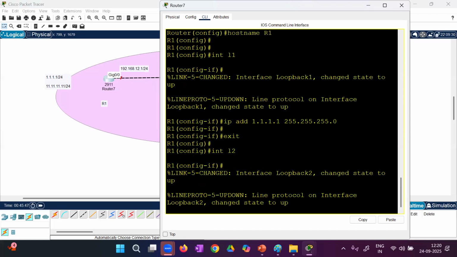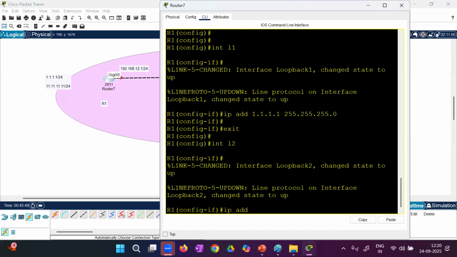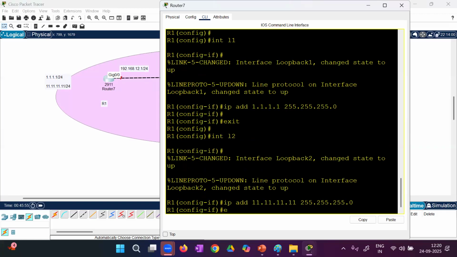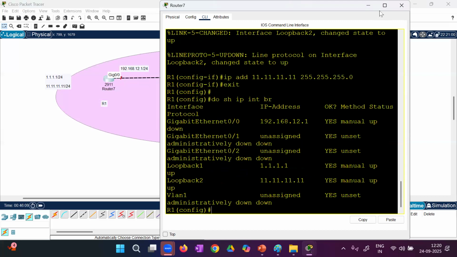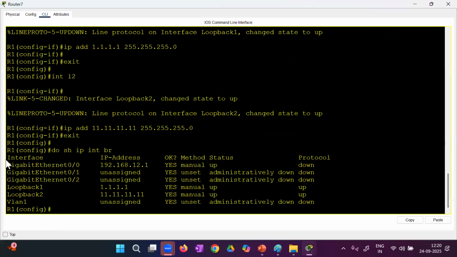Interface loopback 2, IP address 11.11.11.11, 255.255.255.0. Give exit. Do show ip interface brief. We have configured all these IPs.